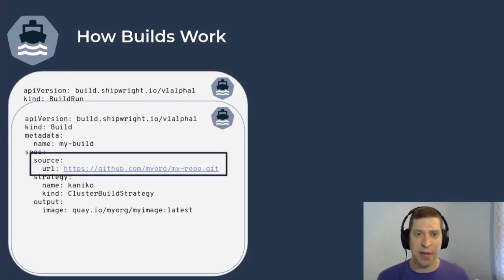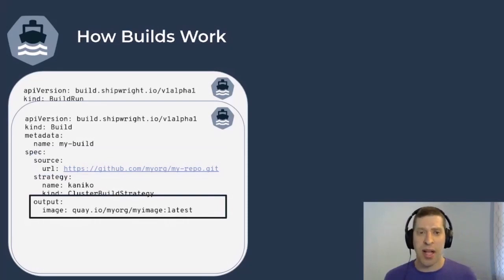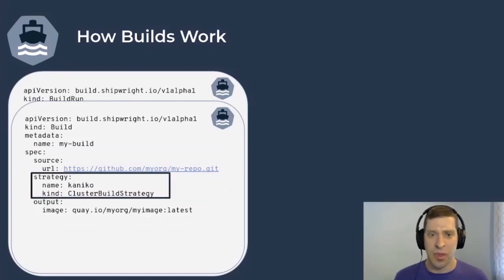Since no branch or tag reference is provided, the source is cloned from the repo's default branch. Likewise, the image is pushed to Quay using the latest tag based on the image spec we provided. We also specified that the build will use the Kaniko build strategy, which is available across the entire cluster because it is a cluster build strategy.